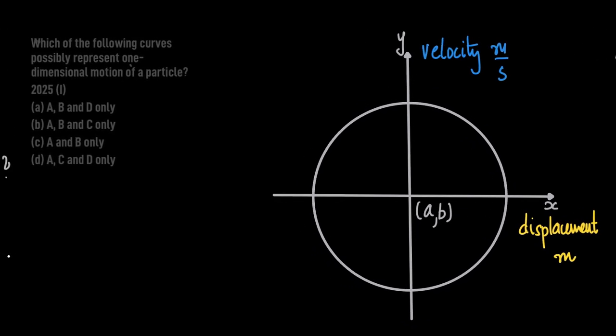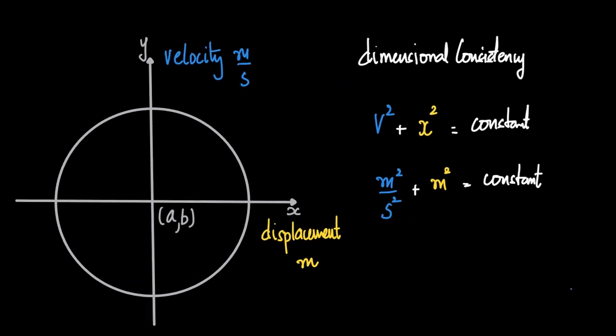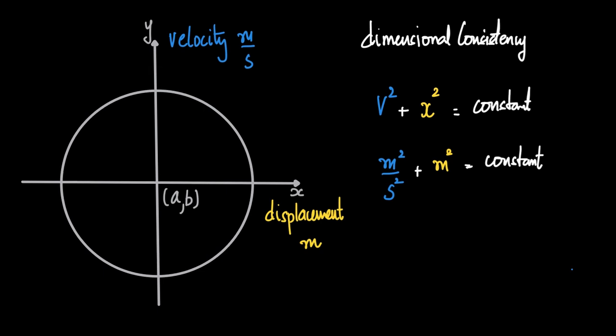So we have a graph with the y-axis as velocity in meter per second and the x-axis as displacement in its unit, meter. Why am I talking about units all of a sudden? What could that be? Exactly, dimensional consistency.